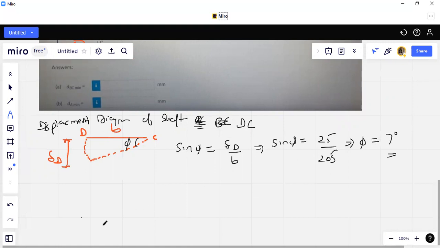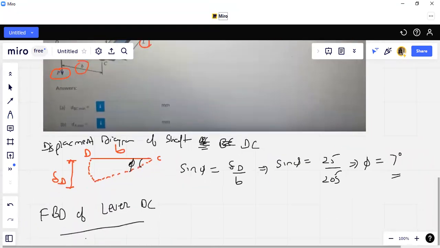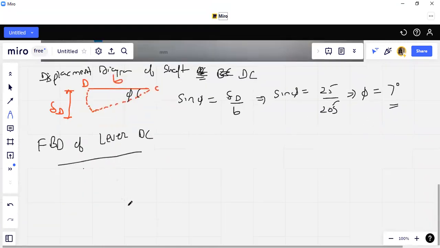Now let's draw the free body diagram of the lever DC. Because you see that this is the lever DC. When you pull this D downward, you will get the free body diagram something like this: this is C, this is D, and this is the load P which is acting.